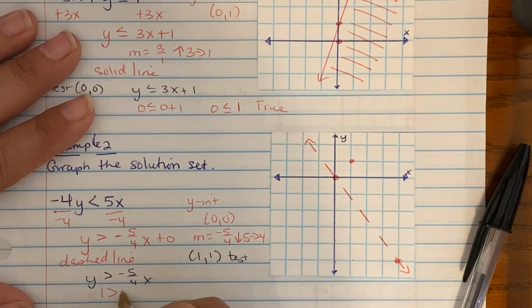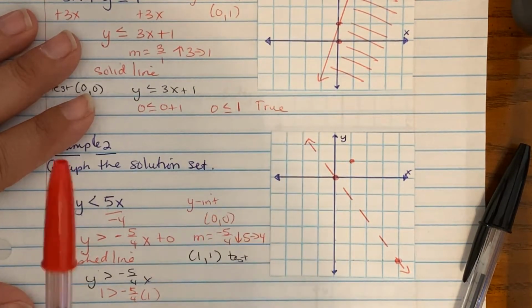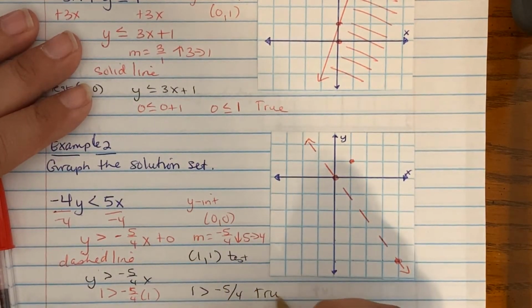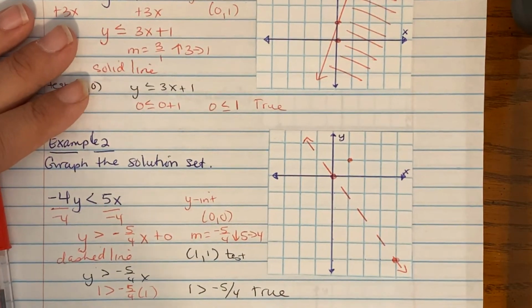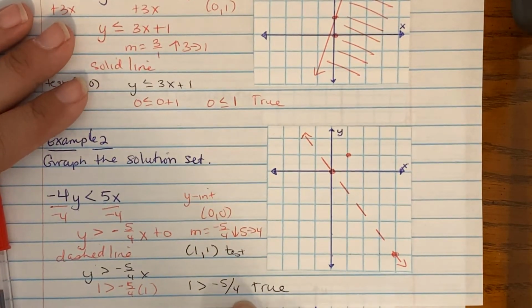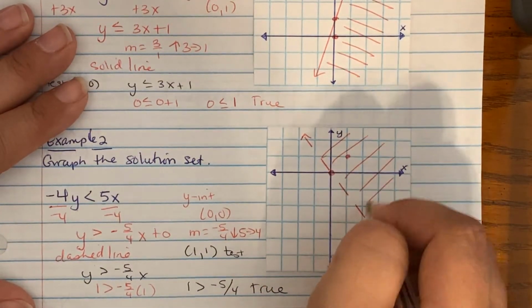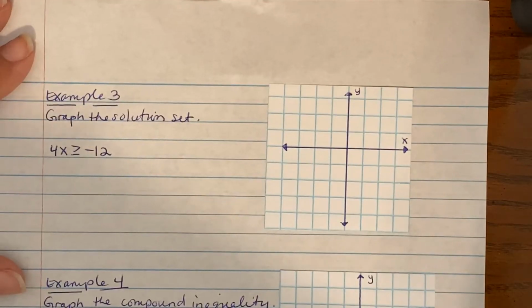Is 1 greater than negative 5/4? Is 1, which is positive, bigger than a negative number? That is true. 1 is greater than a negative number, so we are shading above the line.